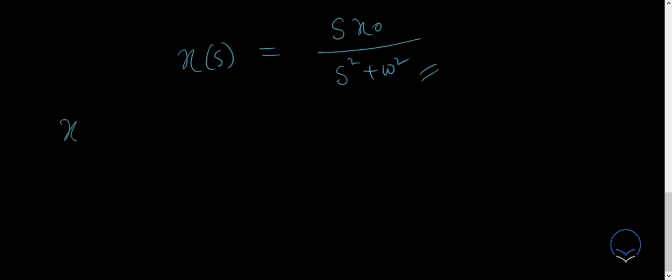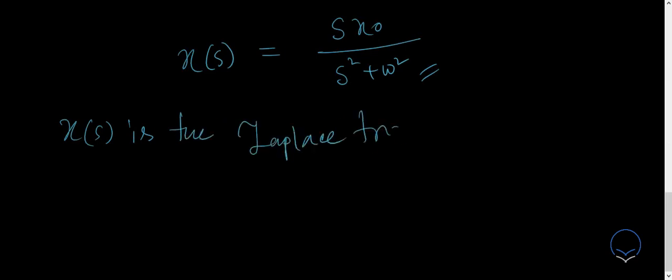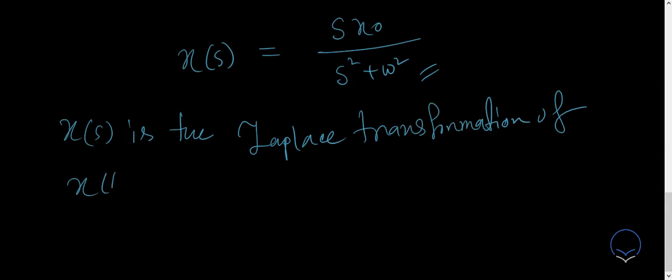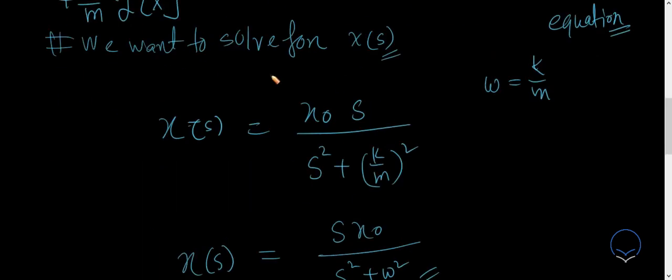So x of s is the Laplace transformation of x of t. So how do you get back x of t? Because that's the thing we wanted to solve in this differential equation, right?